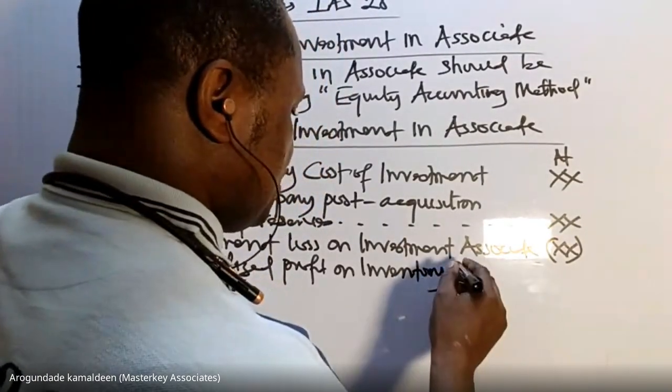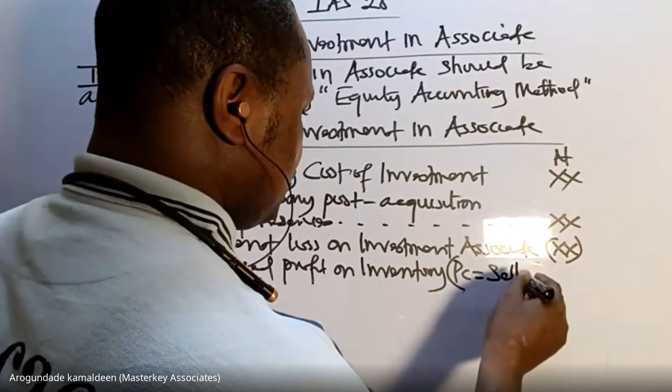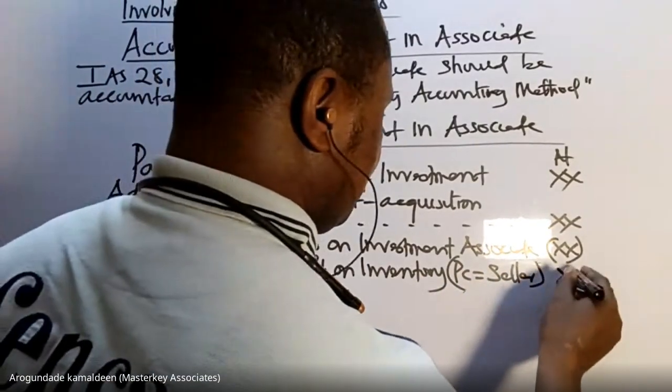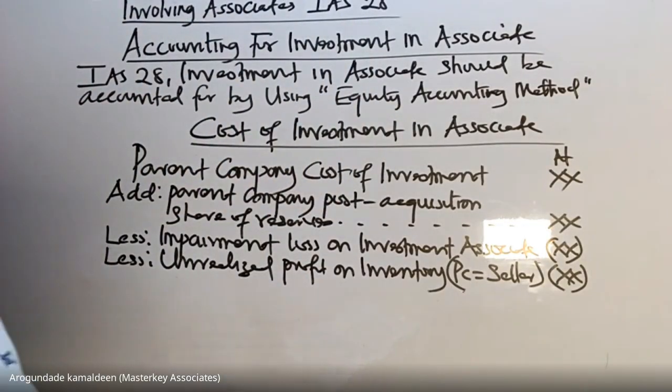Please note, the treatment of URP on inventory between the parent company and associate is not the same as that of the parent company and the subsidiary.